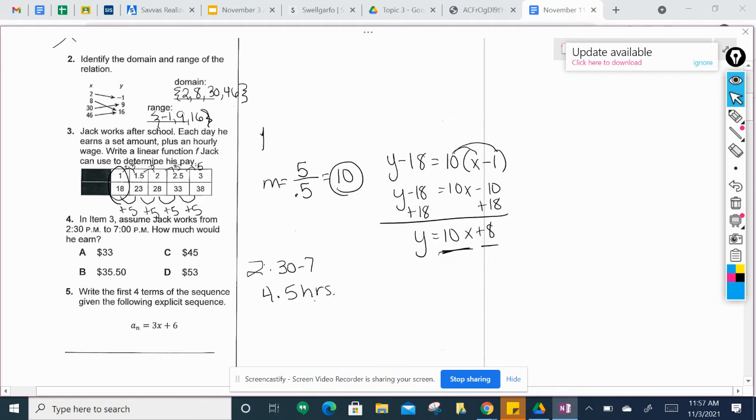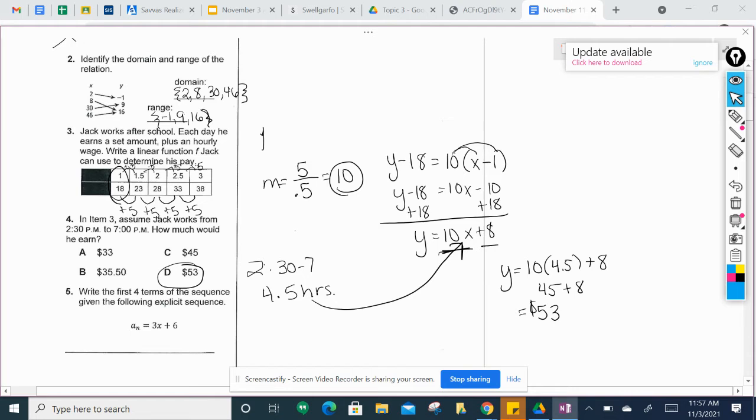And since X stands for hours, I'm going to plug in 4.5 for the X. So Y is equal to 10 times 4.5 plus 8. 10 times 4.5 is 45 plus 8 more. He's getting paid $53. So I would choose choice D.